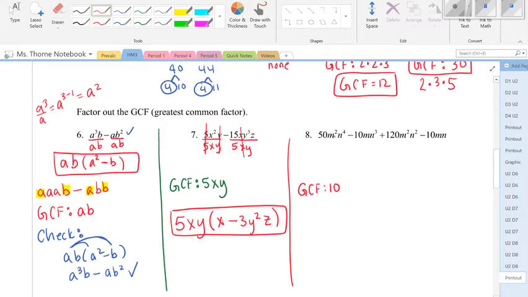And then if I look at my variables, this time I'm not going to write them out. So I have an m squared, 1 m here, 2 m's here, and 1 here. So at most I can only take 1 out because I only have 1 in common. Then I have n to the 4th, n cubed, n squared, and n. So that means my greatest common factor is 10mn. So I'm taking out 10mn from each term.